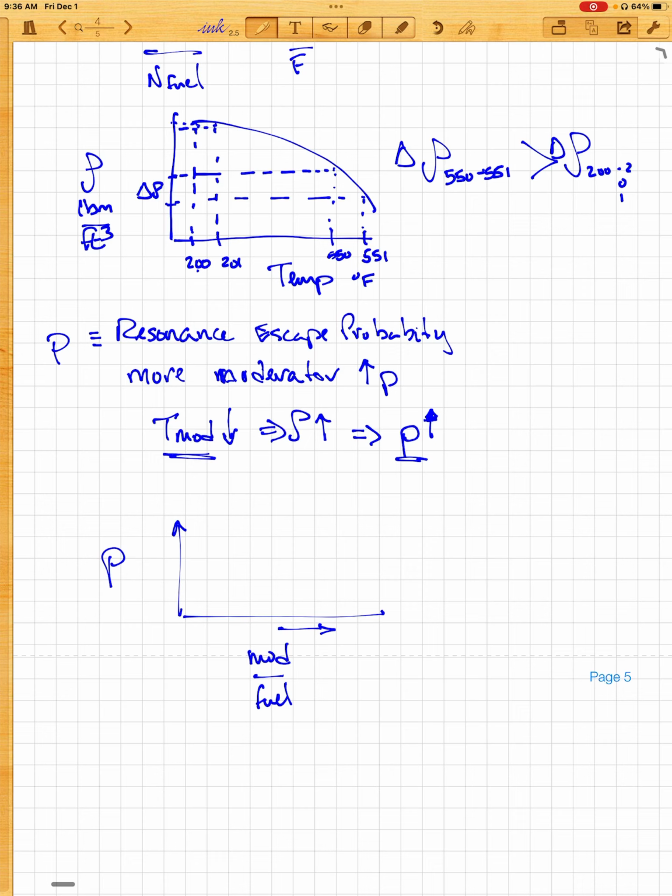Okay, so if we go over here to 1.0, meaning 100% of the neutrons that start to slow down escape resonance, that's going to be more likely at a denser moderator. So more moderator. This graph looks like this.